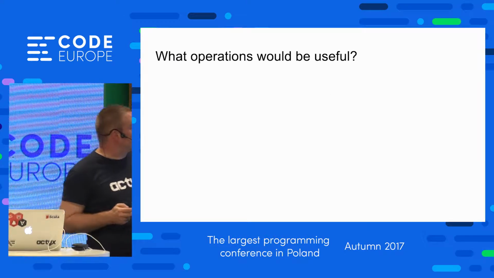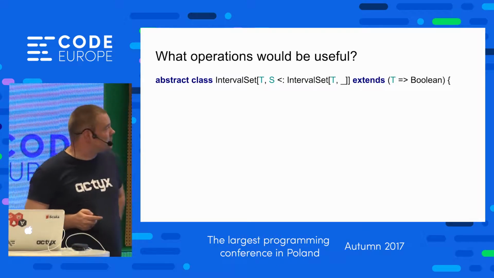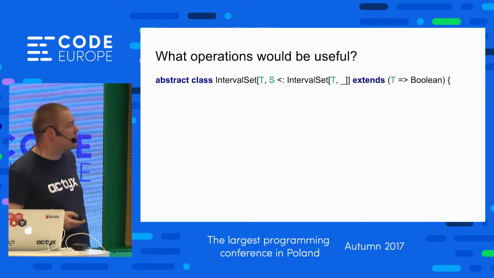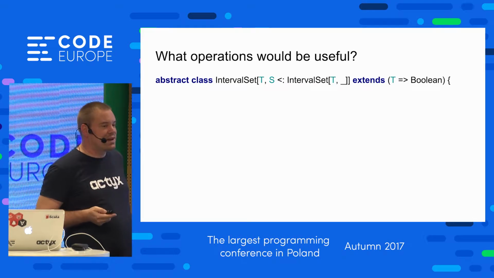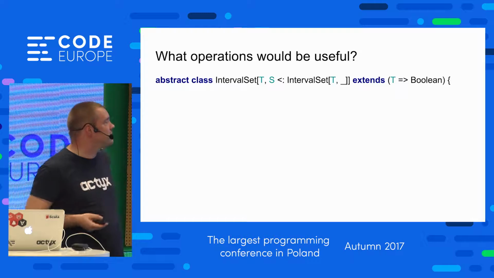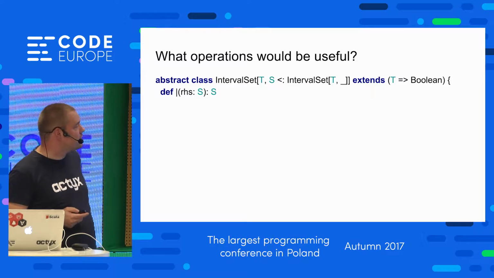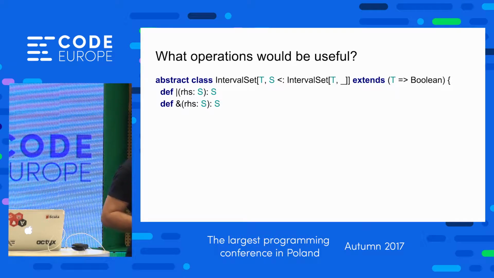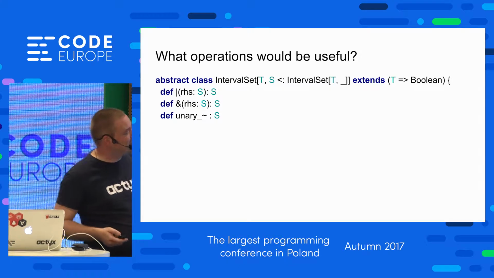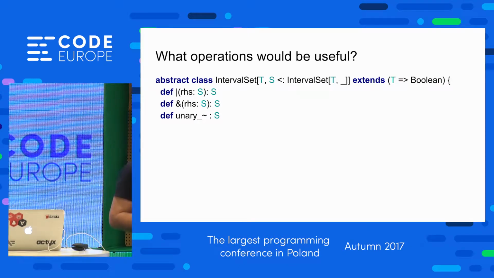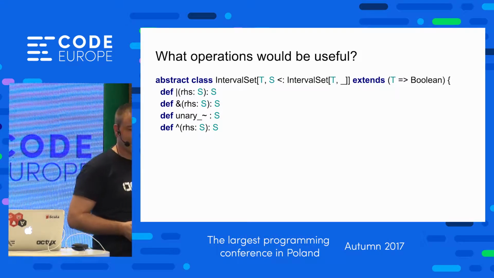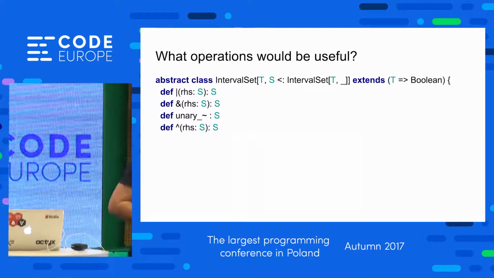So let's take a look at what operations would be useful. This is Scala code, but as I said, it doesn't really matter what programming language it is. Scala is very nice to express these kinds of things, but you can also do this in any other language. It would be nice to have the ability to combine interval sets with an OR combination or AND. Then it would be nice to have the ability to negate. We've seen that already. And XOR kind of falls out of it, because if you have those, you can make XOR.